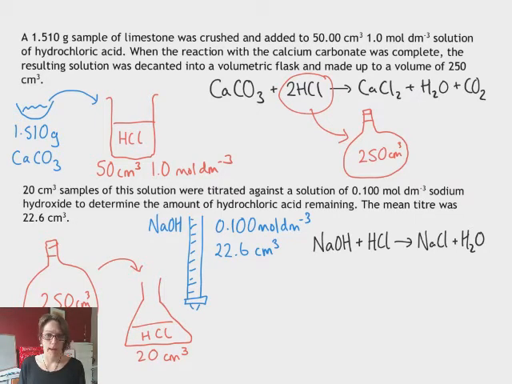I'm going to do a change of pen again and go for a green pen this time to do the calculations. So moles of sodium hydroxide. Typical titration calculation. I've got volume over 1,000 to make decimetre cubed times moles per decimetre cubed, which gives me 2.26 times 10 to the minus 3 moles of sodium hydroxide.